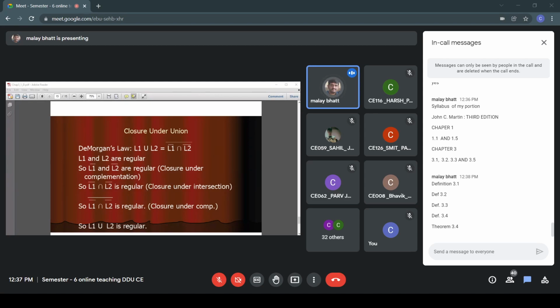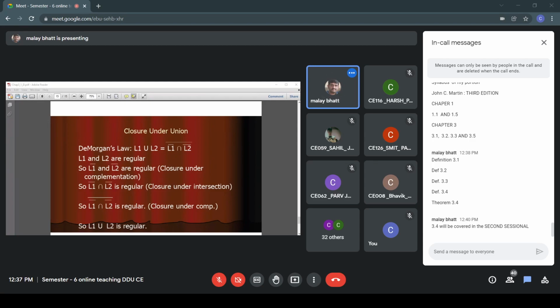You may have a doubt about 3.4. It will be covered in the second sessional, because the topic is related to the second sessional. That's why it is not in the first internal. We'll cover 3.4 completely from the book, but it is related to the second sessional.